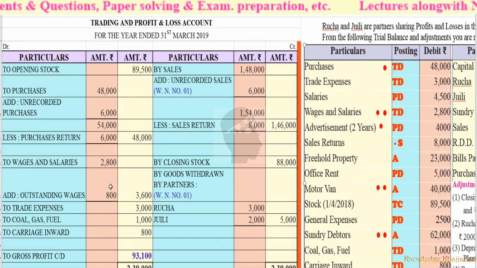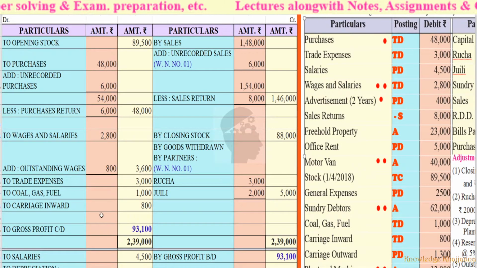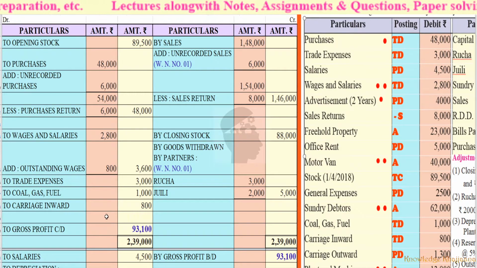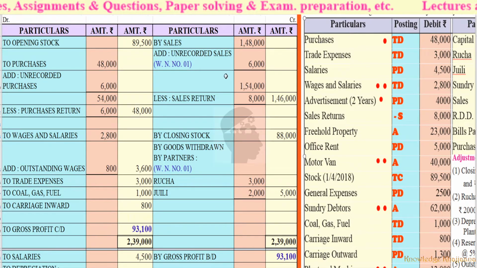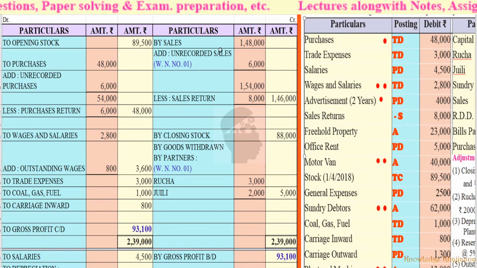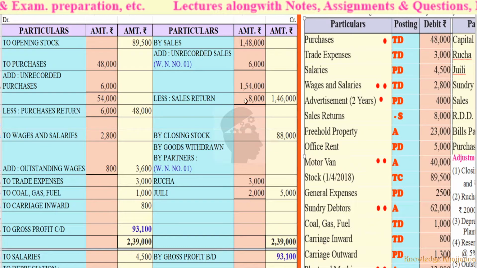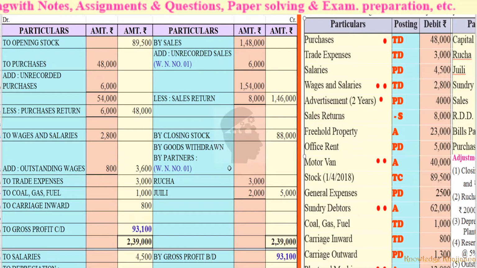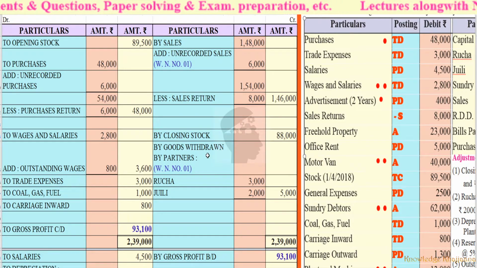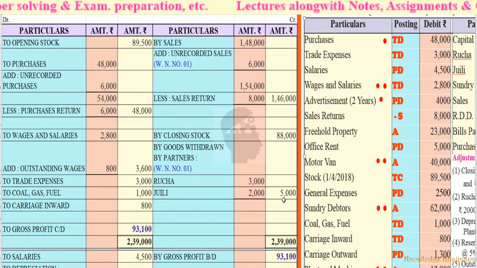Wages and salaries, did the adjustment, taken outside. Direct expenses, coal, gas, fuel, carriage inward, we have taken outside. Sales, after recording unrecorded sales, after doing entry of sales return, taken outside. Closing stock outside. Withdrawal drawings we have taken outside.